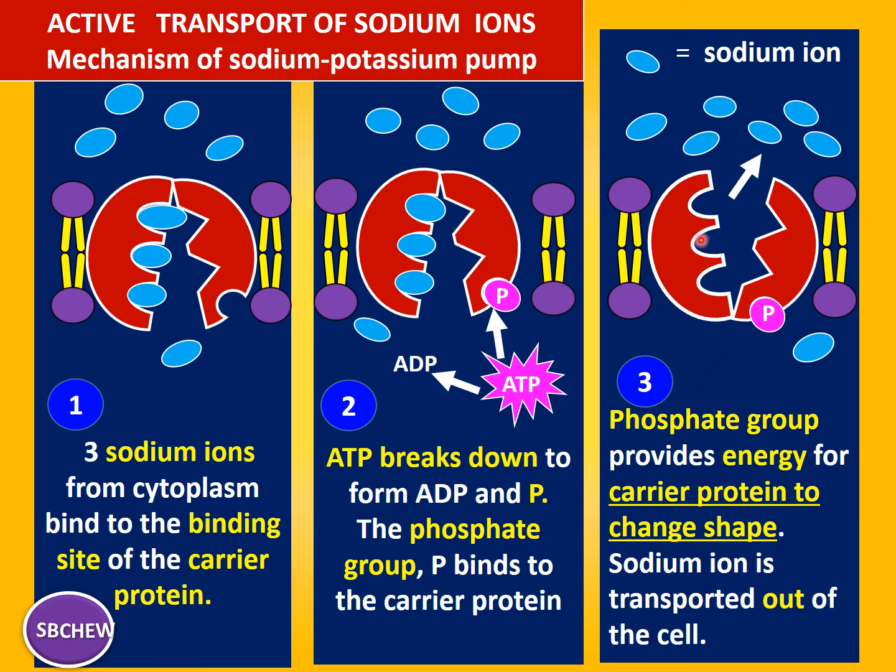So this is not the end of the transport of ions, because now the cell has to take in the potassium ions on this side and transport it into the cell.